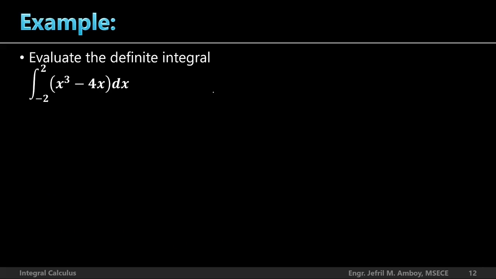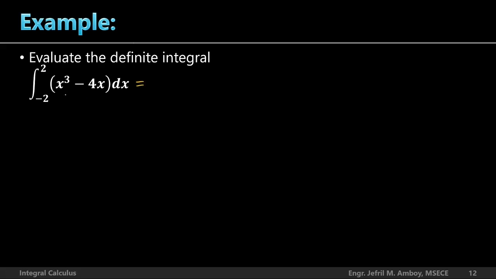Okay, let us solve another example. Evaluate the definite integral x cubed minus 4x from negative 2 to 2. Okay, so dito pansinin natin na yung limits natin ay parehas ang magnitude. Yung isa lang ay negative at yung isa naman ay positive. Okay? So ano kaya ang mangyayari kapag in-evaluate natin ang ganitong integral?